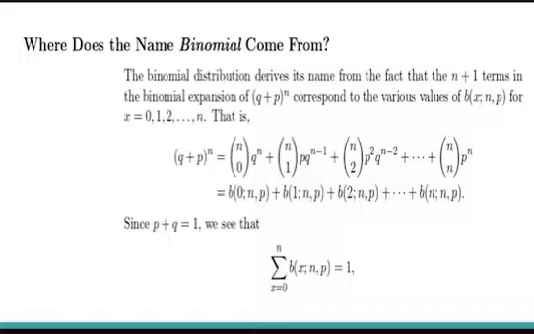Now, I want to talk about P and Q. Of course, in both Bernoulli and binomial, we actually focus on P and Q. What is P? The probability of success, right? What is Q? The probability of failure. Don't forget, P plus Q must be equal to 1. The events of success and the events of failure are mutually exclusive.